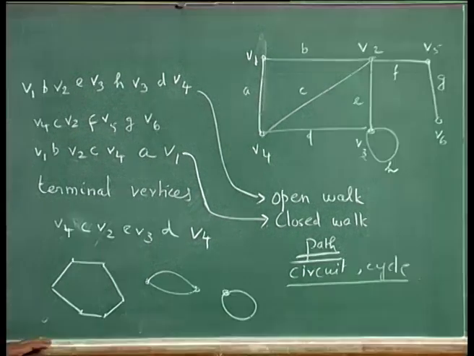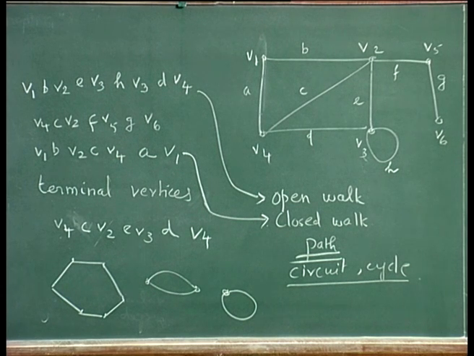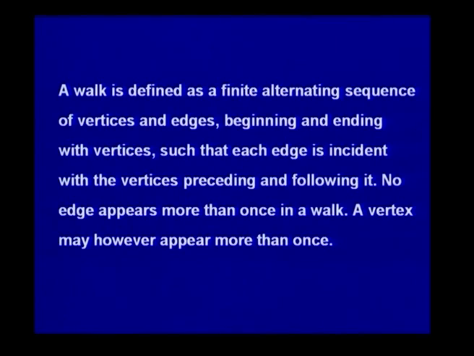Now, we earlier considered the Königsberg bridge problem, okay? The river which was flowing and there were 7 bridges on that and so on. Let us consider it once more.